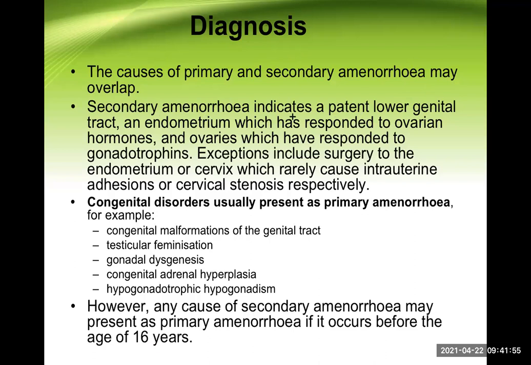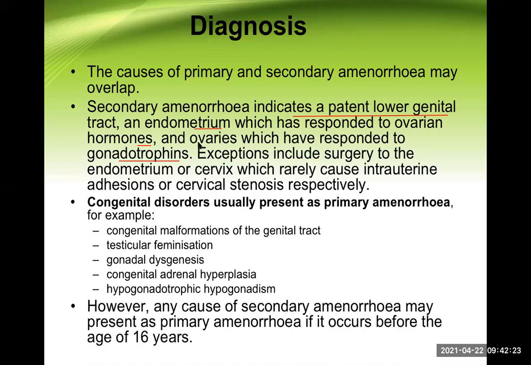Secondary amenorrhea indicates a patent lower genital tract, an endometrium which has responded to the ovarian hormone, and ovaries which have responded to the gonadotropin. These are very essential for secondary amenorrhea, because before this episode of amenorrhea, she was fine, everything was normal, and for the normal things to happen, we need normal anatomical structure.